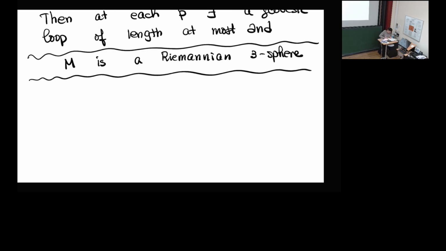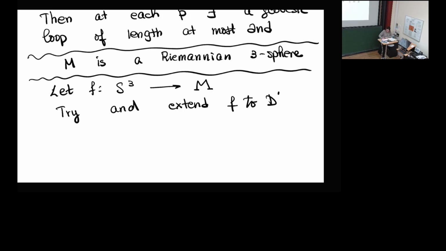So let's say we have a diffeomorphism from S3 to M. Then we are going to try and extend it to D4 triangulated as a cone over a small triangulation of S3.